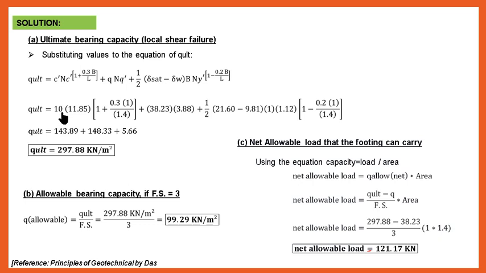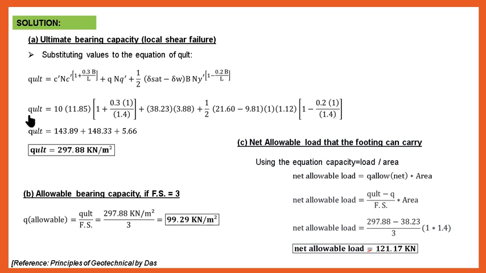So, C prime is 10 and NC prime is 11.18, 1 plus 0.3 of B over L, which is 1 over 1.4, plus our Q which is 38.23, which we solved earlier, times the NQ prime from the table, plus 1/2 the saturated unit weight, equal to 21.60, minus the unit weight of water, 9.81, times the B, which is 1 meter, times the NY prime, 1.12, times 1 minus 0.2 B over length.